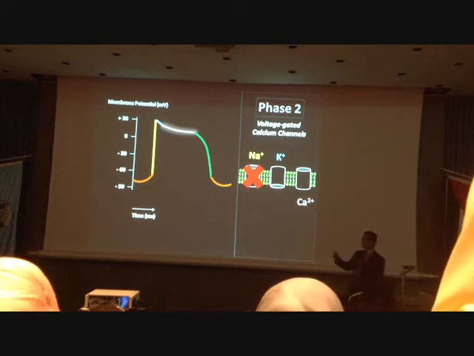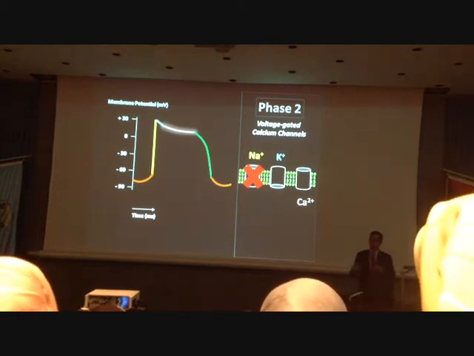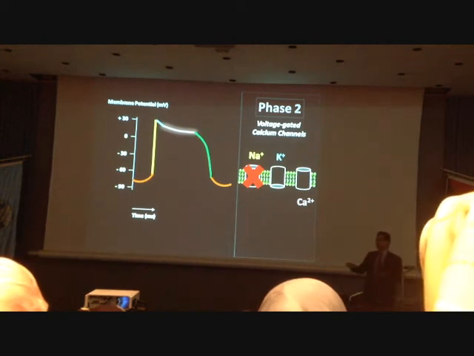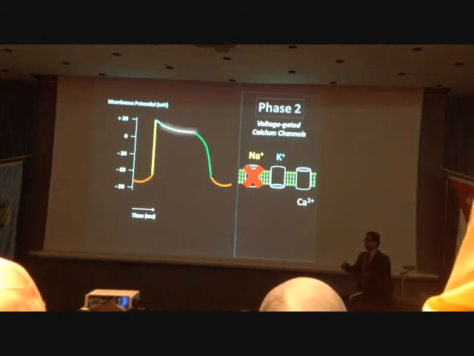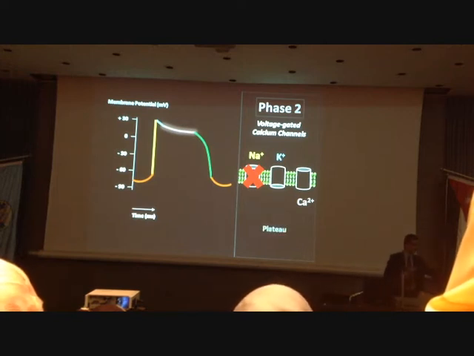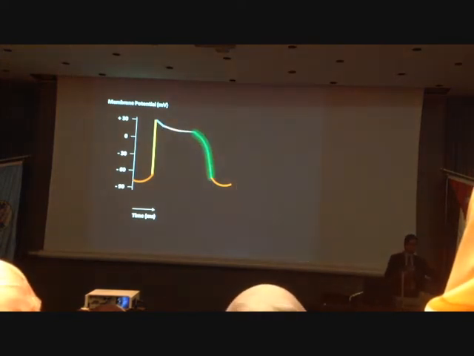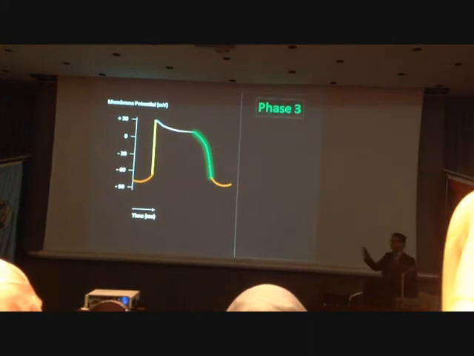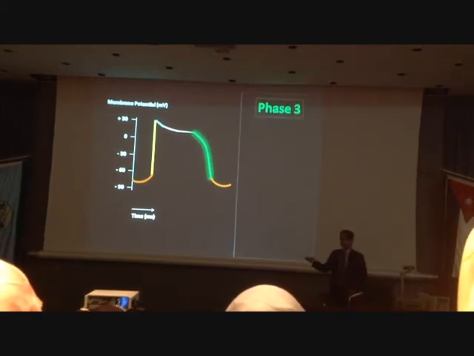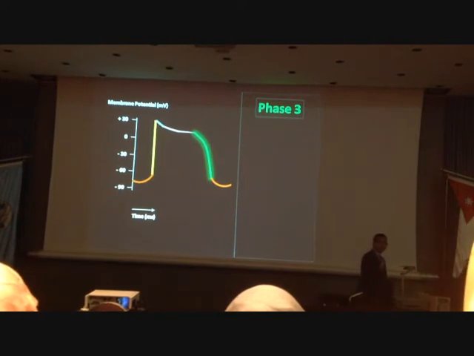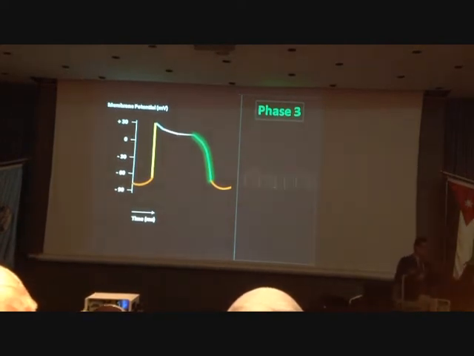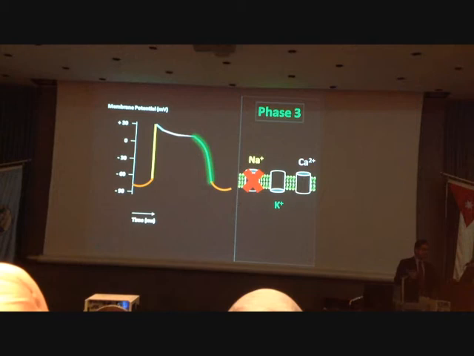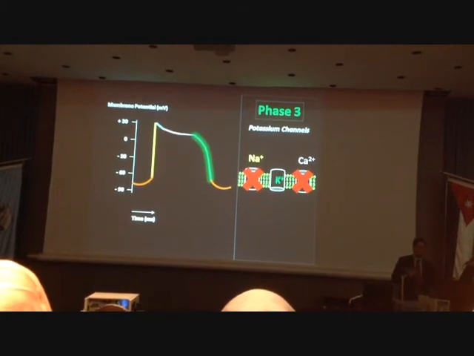So that's why we need some sort of sustained contraction. But that could not happen forever, because we need to get into another cycle. And that's why you start having phase 3, in which you see the repolarization, or the decline of the membrane potential back to the pristine one. And this happens particularly because of the potassium channel.